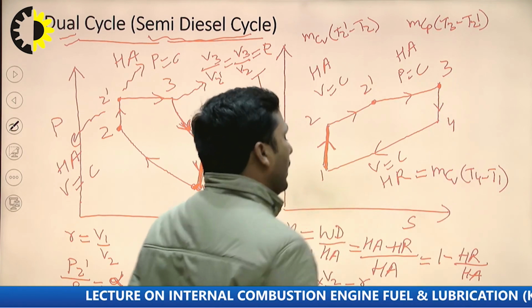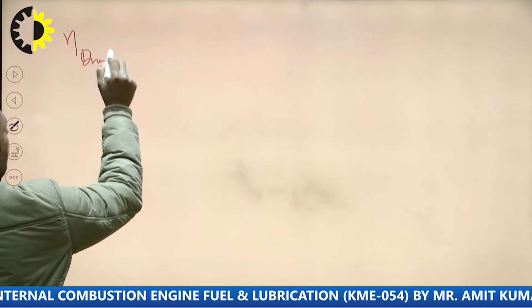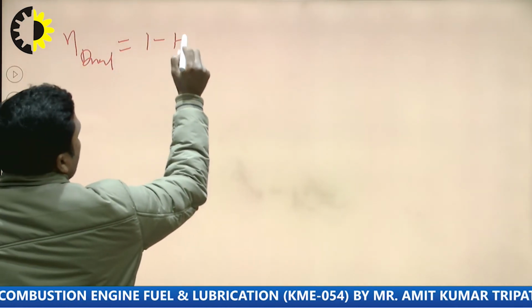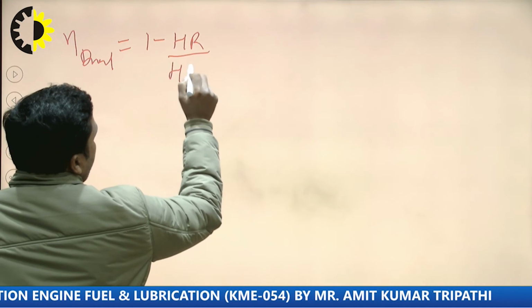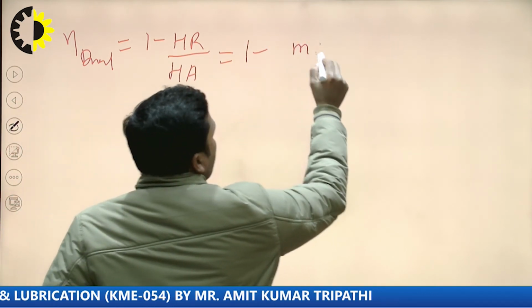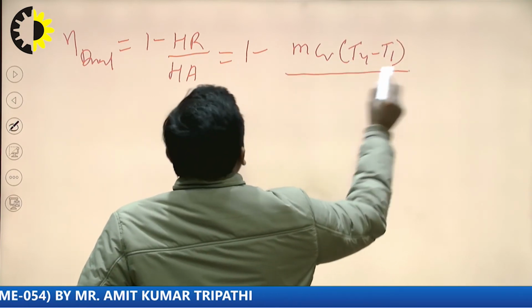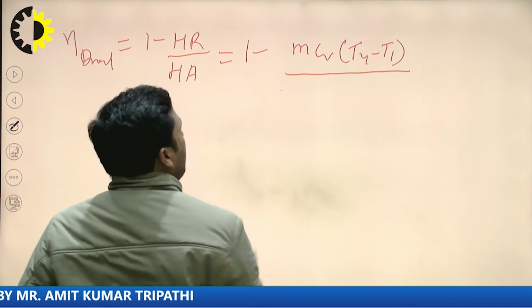So if we put the values of heat addition and heat rejection, the thermal efficiency of the dual cycle will be equal to 1 minus HR upon HA, and we have already calculated HR as m Cv (T4 minus T1) upon the heat addition.